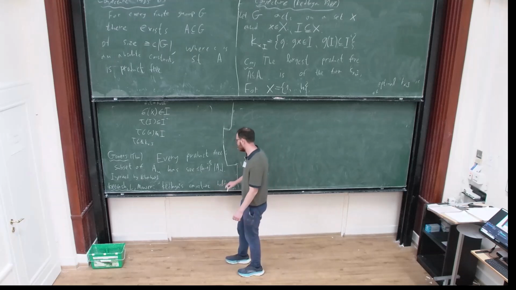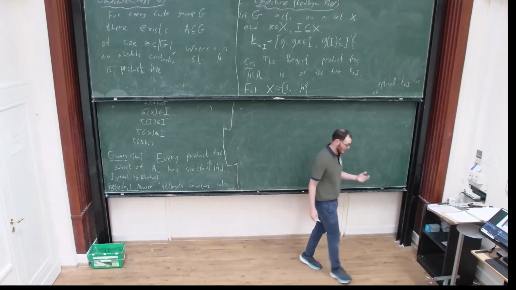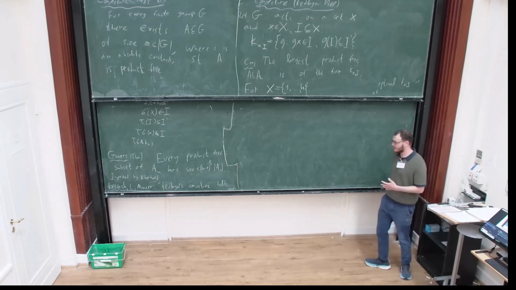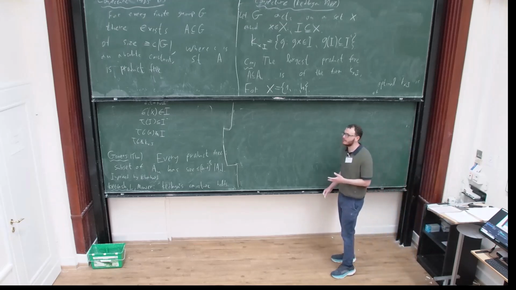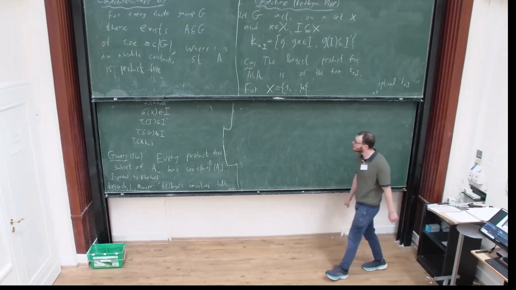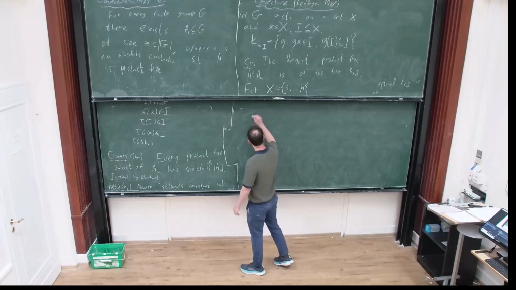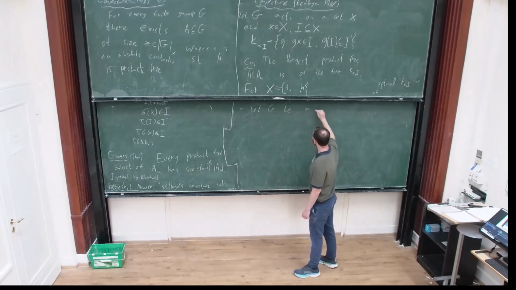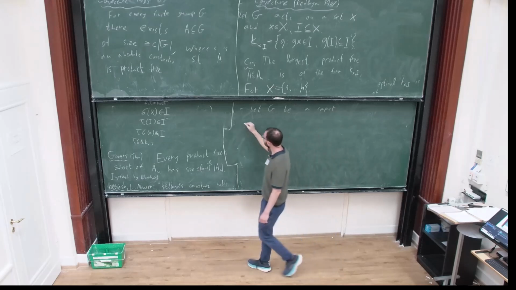But this result also used hypercontractivity, but I'm going to talk about a setting where these things are simpler, which is the setting of compact groups. So suppose that we have a compact group.